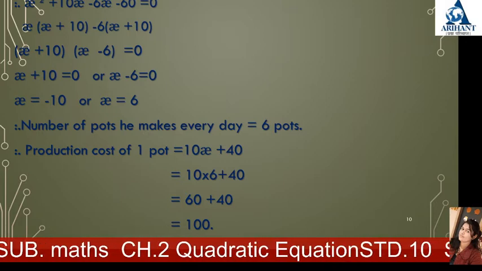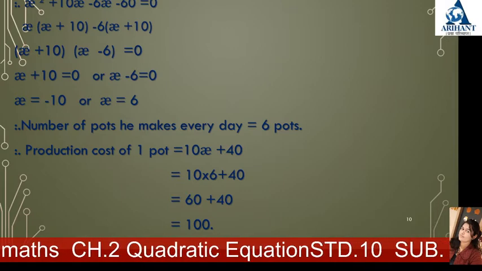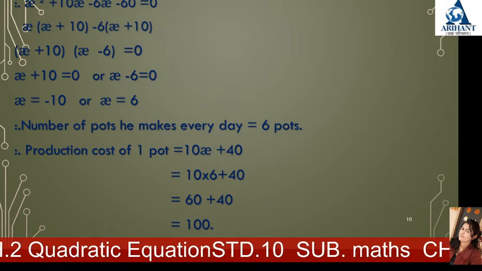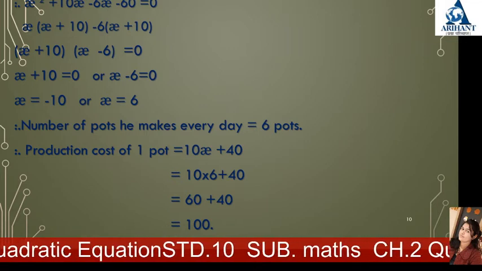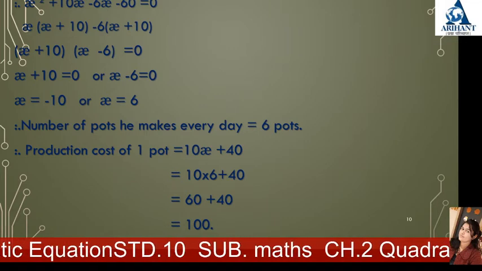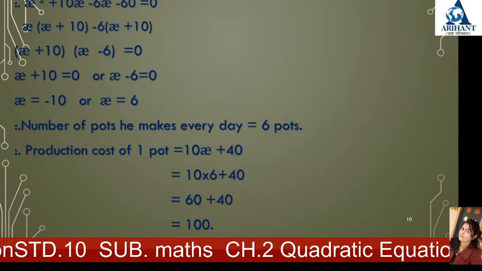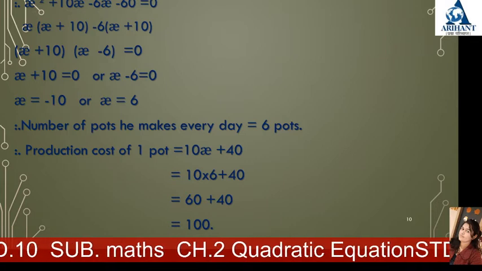Everyone understood how it comes? So the production cost of one pot is 100. And we can cross check our answer against 600, which is given in the example.